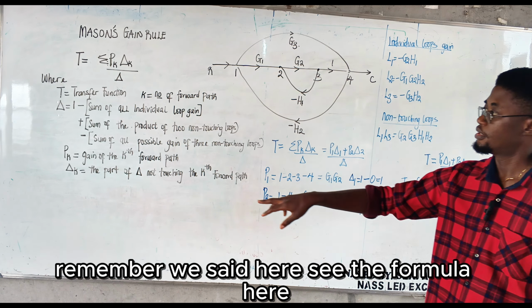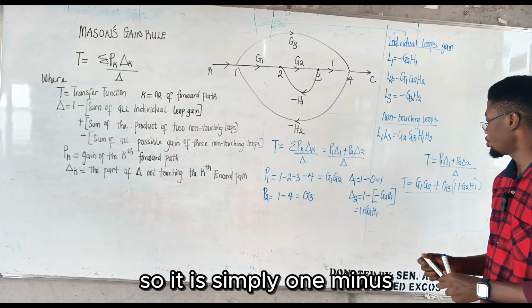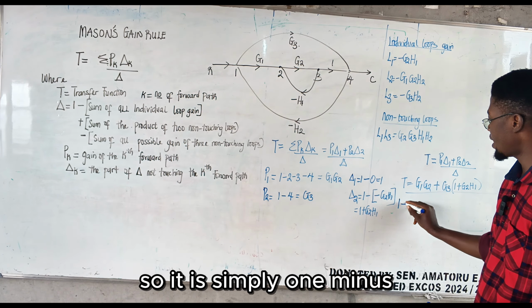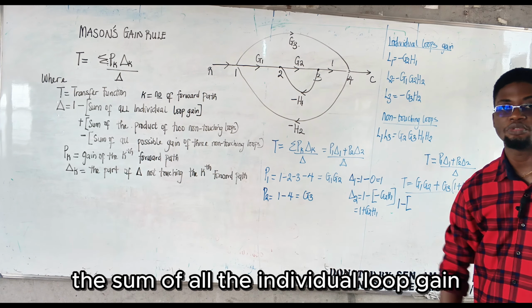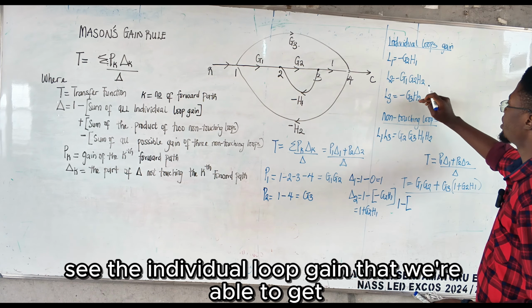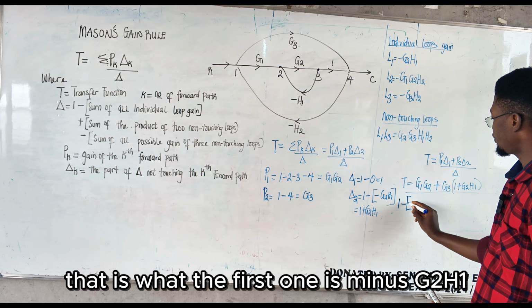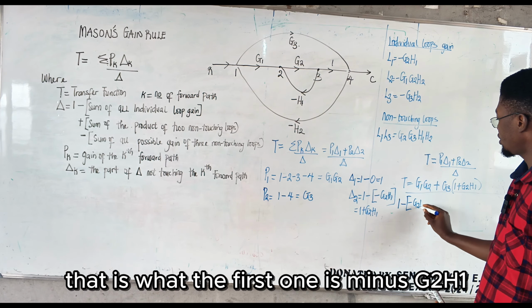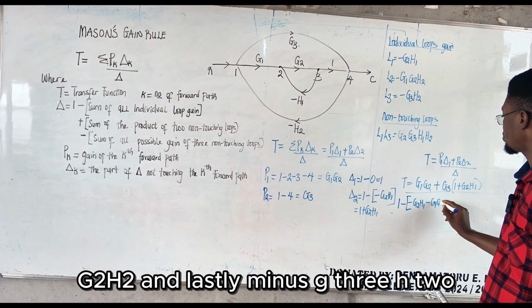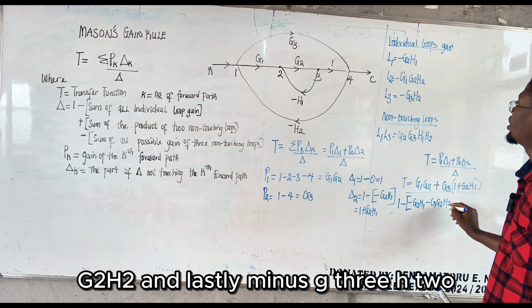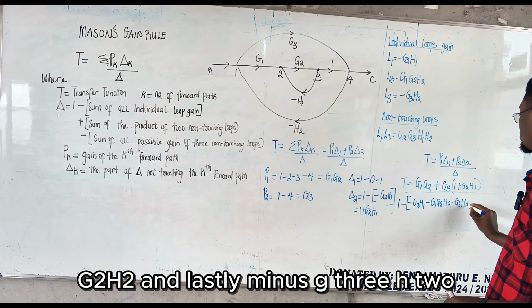Remember we said, see the formula here, the general formula. We are going to apply it. It is simply 1 minus, I will open my bracket, the sum of all the individual loop gains. See the individual loop gains that we're able to get. We are going to add them together. The first one is minus G2 H1, followed by minus G1 G2 H2, and lastly minus G3 H2.